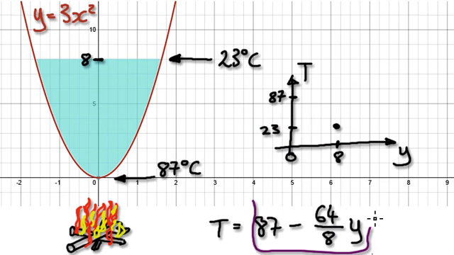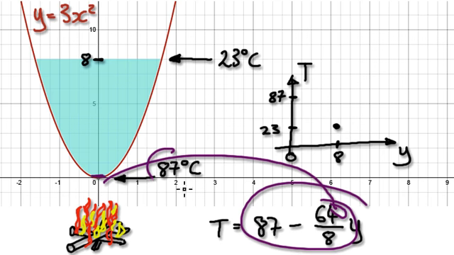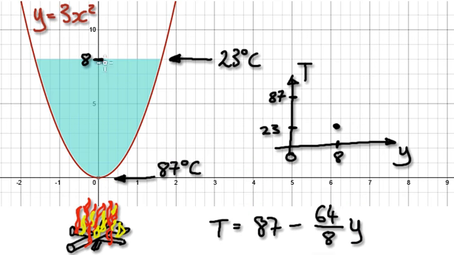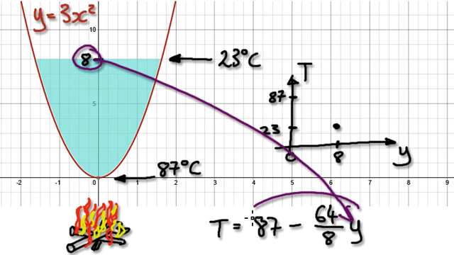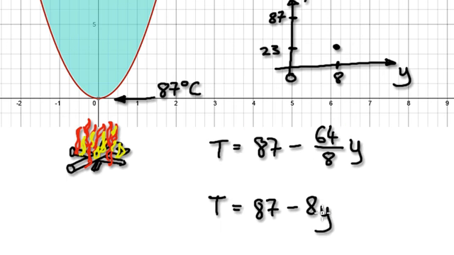So this here is our temperature. And if you look at this, when y is 0, if you put 0 into here, this overall thing would be 87. When y is 8, if you put 8 into here, then this overall thing will be 23. Okay, well anyway, this is our temperature.